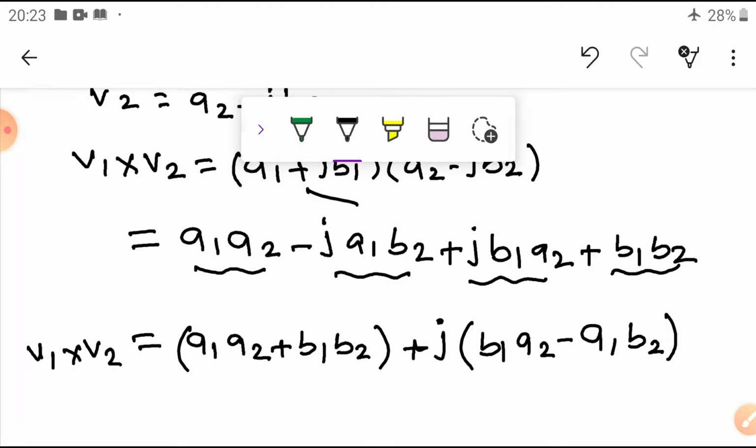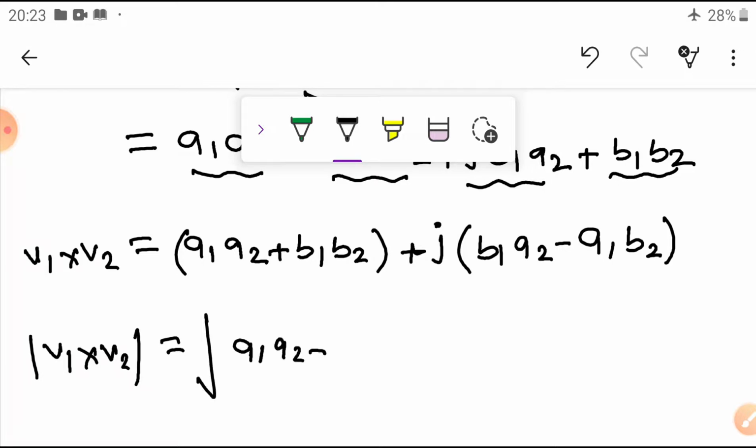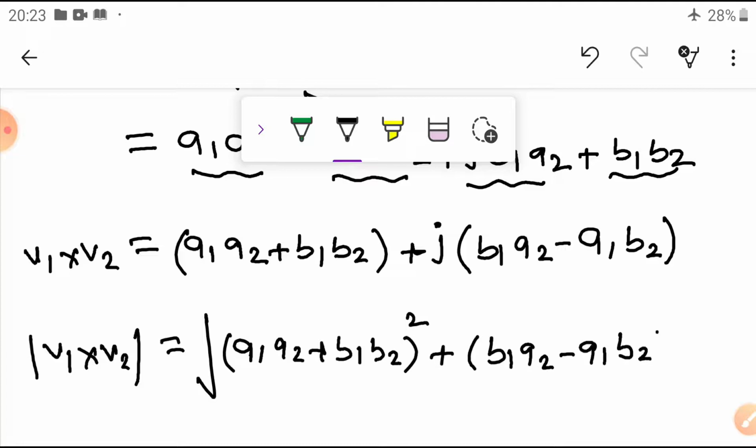Okay. So, what is the magnitude? You are going to get the magnitude: this whole square plus this whole square. So, that is equal to V1 into V2. We require the magnitude. So, under root, A1 A2 plus B1 B2 whole square plus B1 A2 minus A1 B2 whole square. So, these are the magnitude.